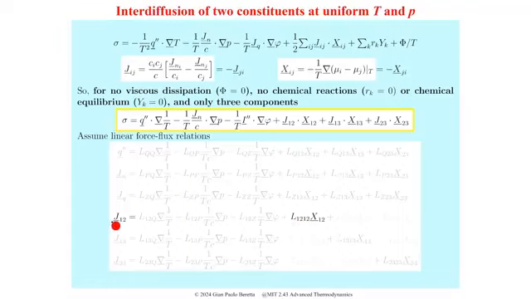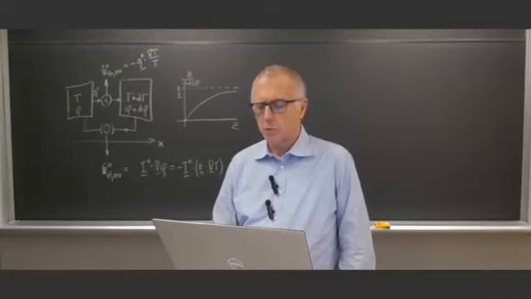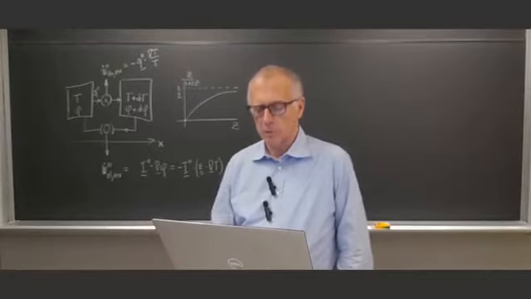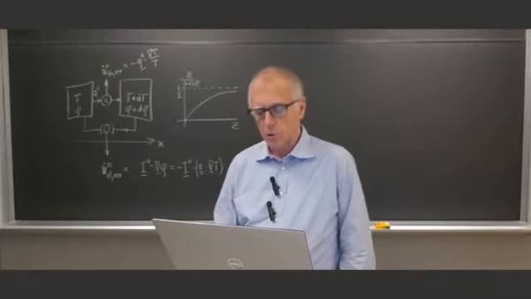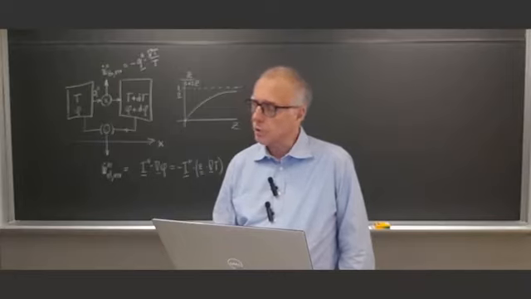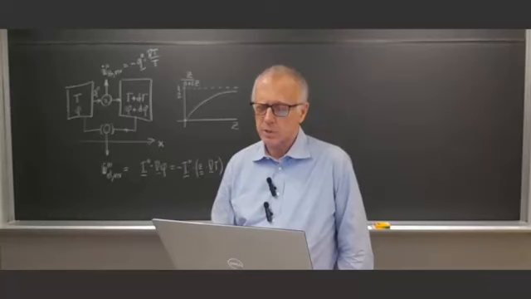And so this is a sort of direct law case, which gives rise to Fick's law of diffusion. Or also, since we're talking about a pair, instead of Fick, it's called the Maxwell-Stefan law of diffusion.